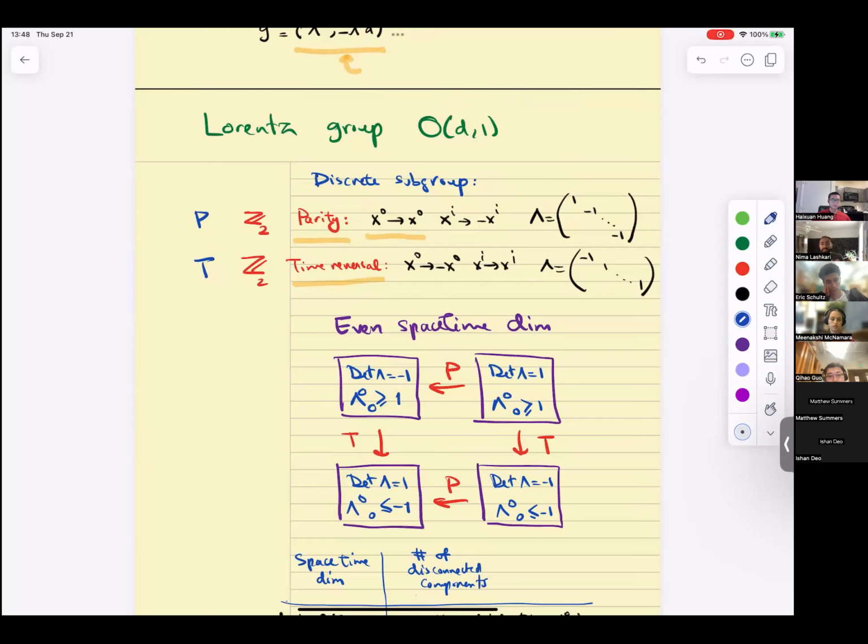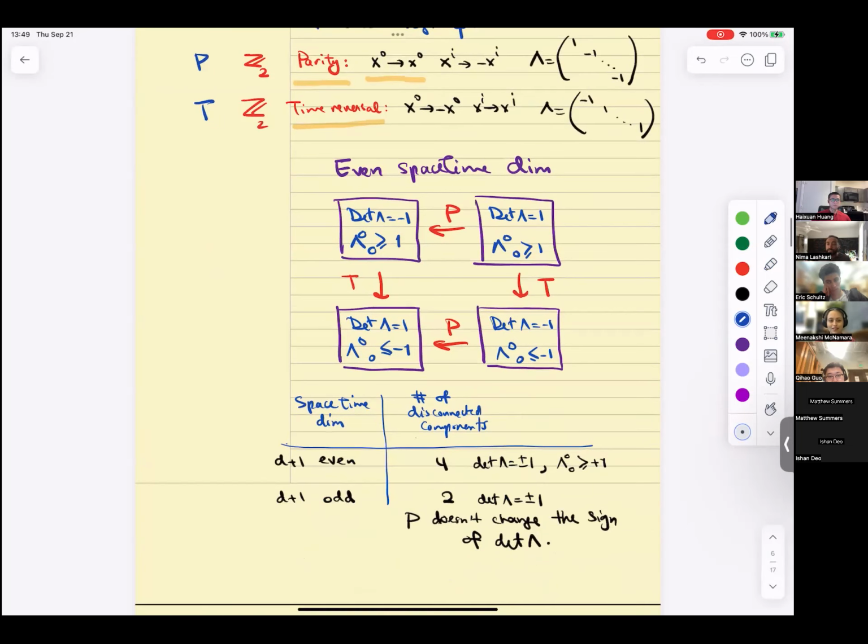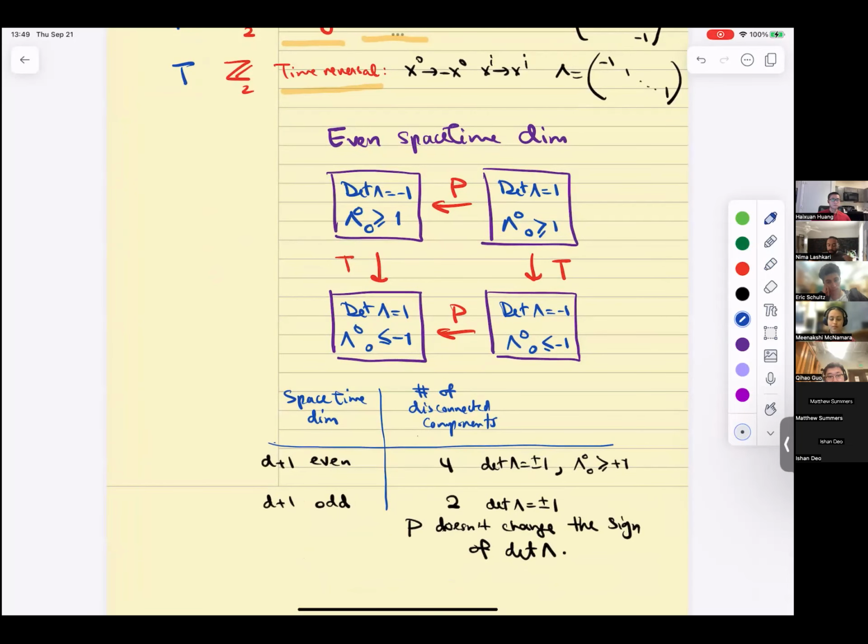There's a symmetry called CRT. That's an honest to goodness symmetry of quantum field theory in every dimension. But let's not talk about that. If you guys are curious, I'm happy to tell you about it. From now on, I'm just going to make a comment about even and odd dimensions, and after this comment, we're going to forget about odd dimensions and stick to 3+1 dimensions, because that's the dimensionality of space-time. We're going to be working with that.